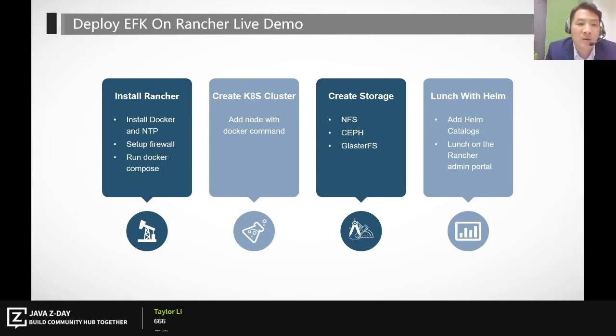I will install Docker and NTP, set up a firewall, and run Docker Compose. Second, I will create a Kubernetes cluster. I will add a node with a Docker command. Third, I will create storage. At last, I will launch our logging and monitoring with Helm.